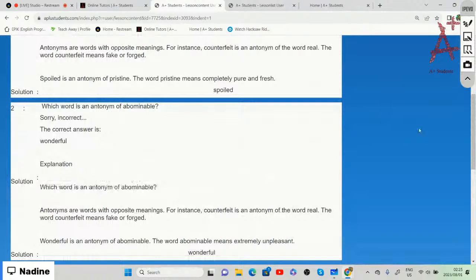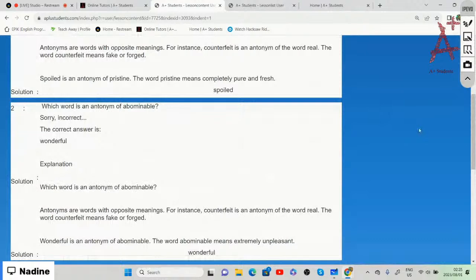Now the opposite, which is the antonym of the word abominable, is wonderful.